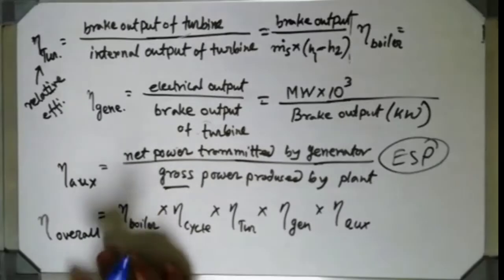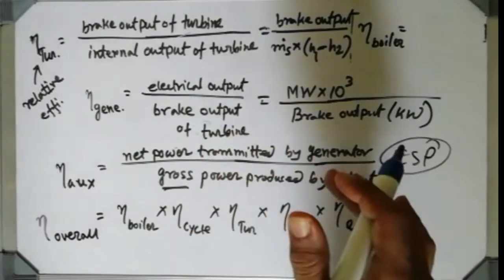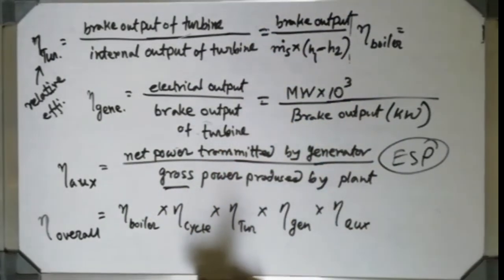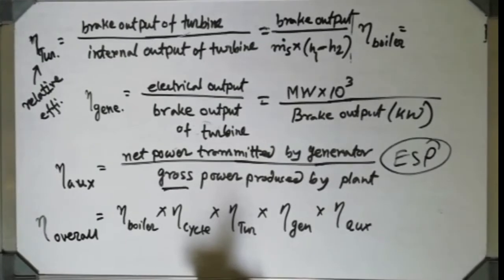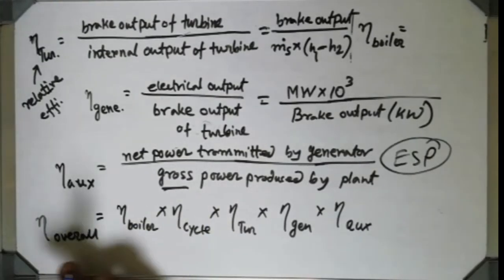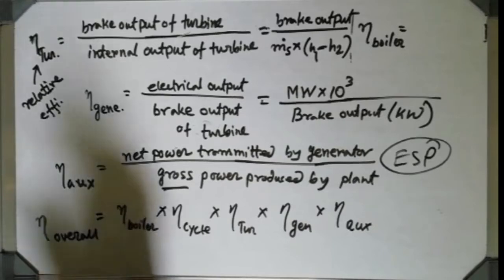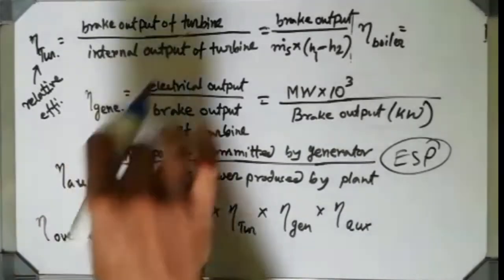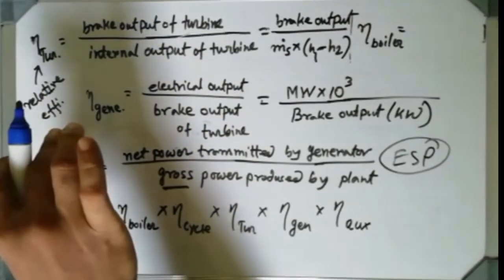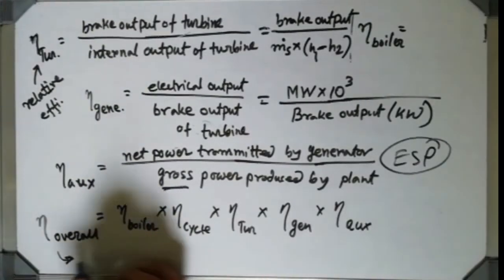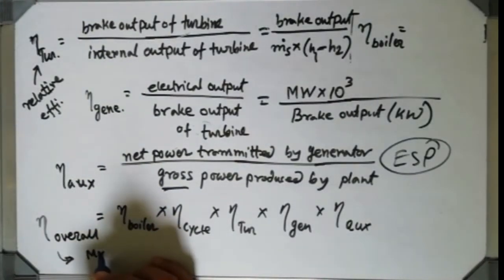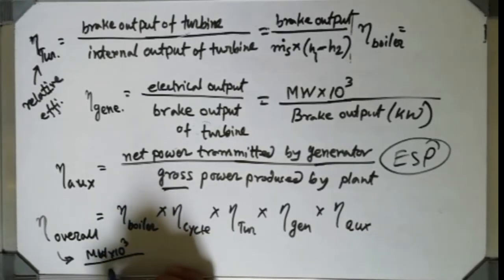Now if we put all those expressions, whatever we have derived, you can see that the eta overall expression will give you the same as what I have written before. I have written eta overall like megawatt into 10 to the power 3 over m dot F into CV.